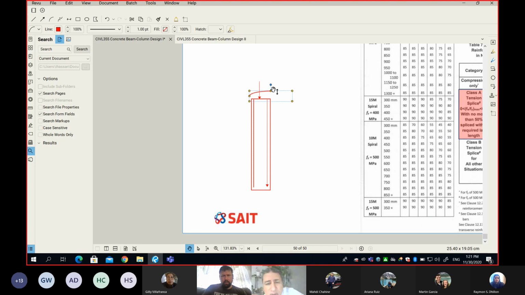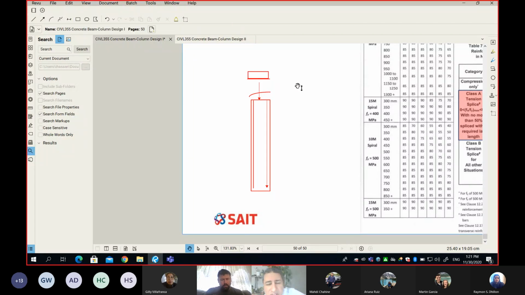If I have a bending moment, do you think the stress diagram will be the same, constant? This would be the stress diagram if the load is in the center. If we add bending moment, will the stress diagram stay the same, constant stress all over the cross section, or no? No.